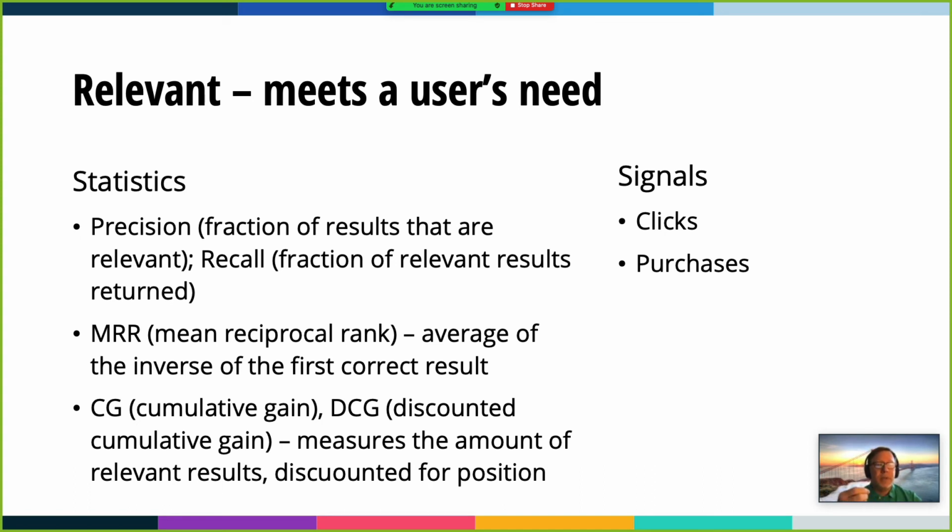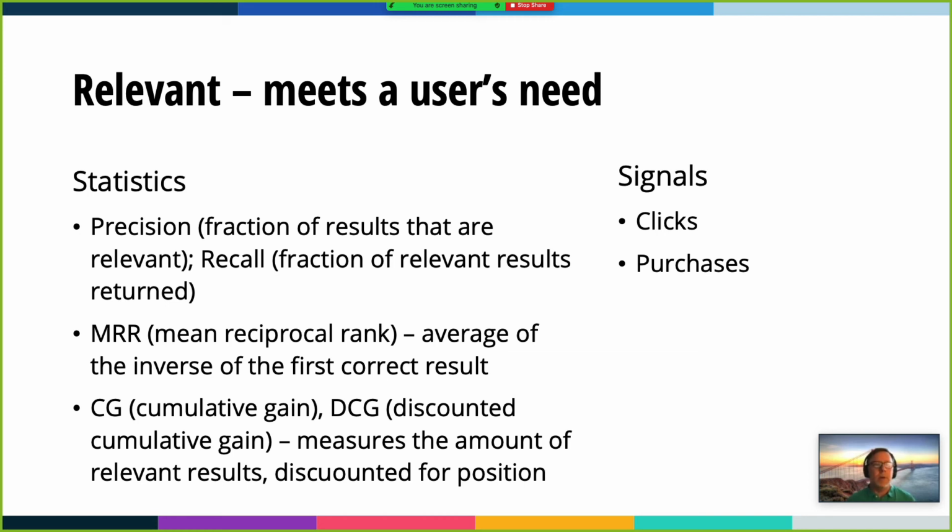So the precision is the fraction of the search results that were returned that were relevant for that query. And the recall in this case is the fraction of all of the relevant results for that query that you returned. So when talking about search engines, you'll hear people talk about precision and recall.